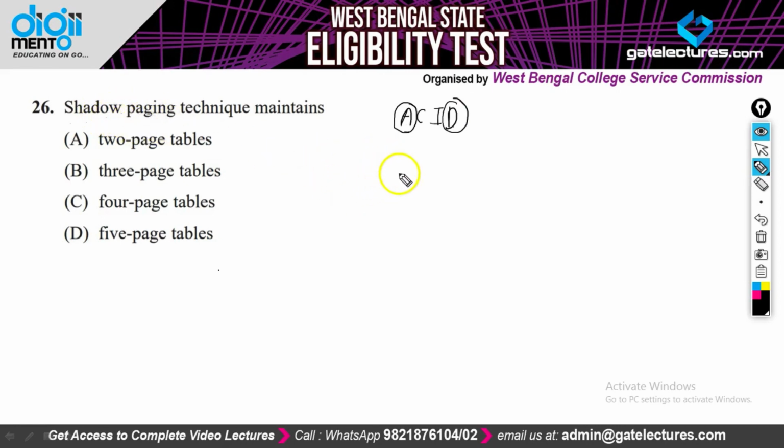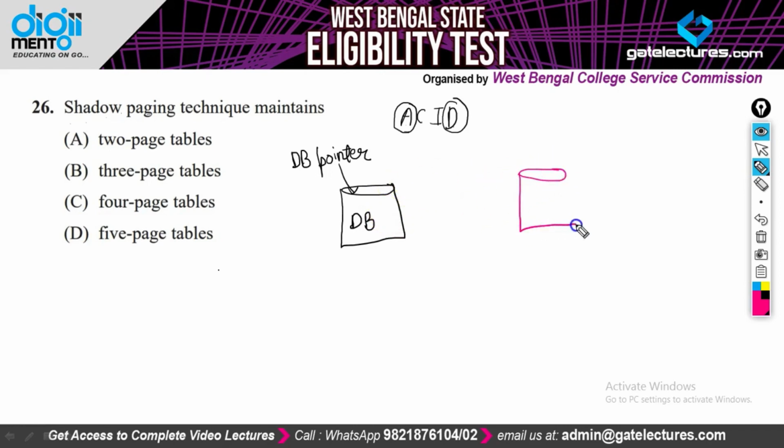So in the shadow paging technique, suppose this is my database, my stable database. And I will have a database pointer which will be pointing to my database. Perfect. Now let's suppose I have some transaction going on. So what I will do is create a database separately for it, which is known as the shadow database.